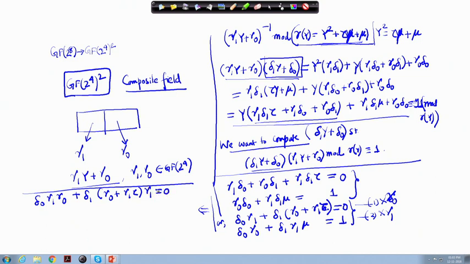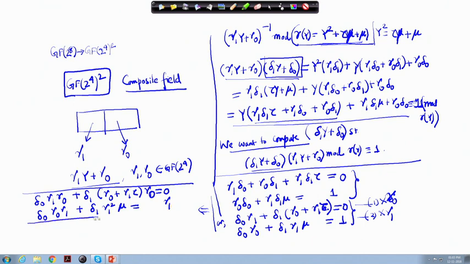Sorry, this should be gamma 0. So the first term of the second is delta 0 gamma 0 gamma 1, because I am multiplying gamma 1 here, plus delta 1 gamma 1 square mu. Okay, and that is equal to gamma 1.